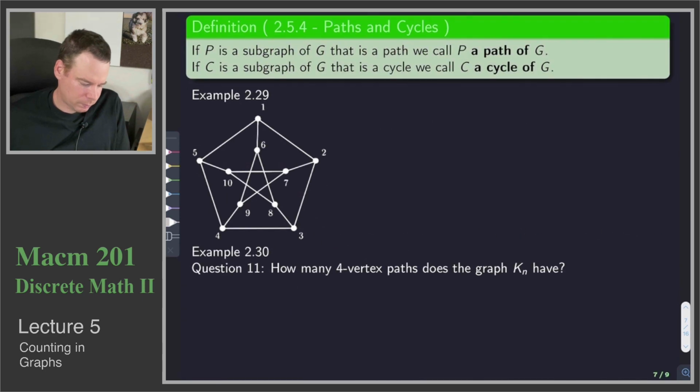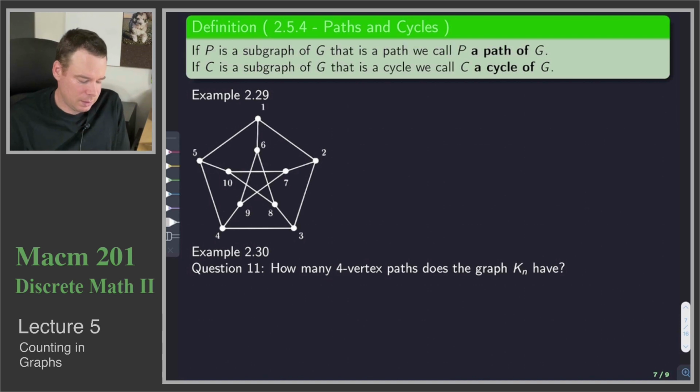Let's go ahead and introduce a couple more structures, paths and cycles. We've already looked at these as graphs themselves, a path graph, a cycle graph. Now we're going to look at paths and cycles living inside larger graphs.